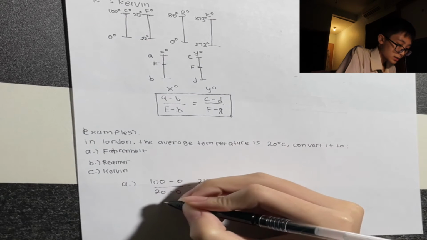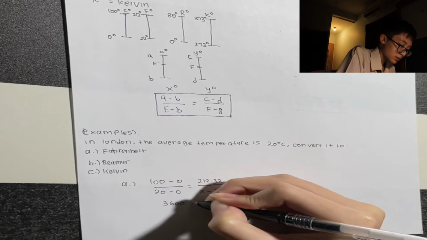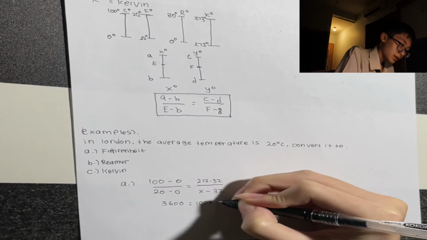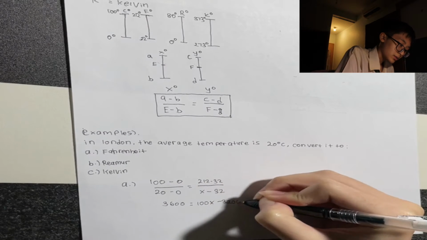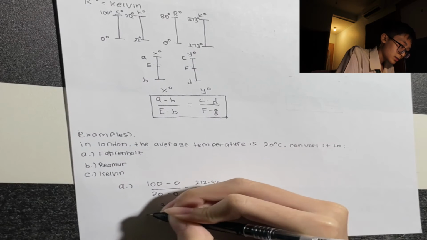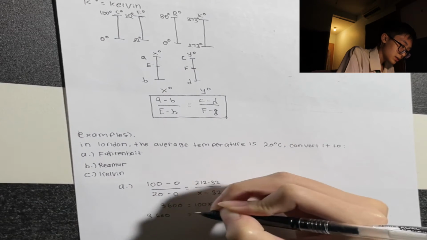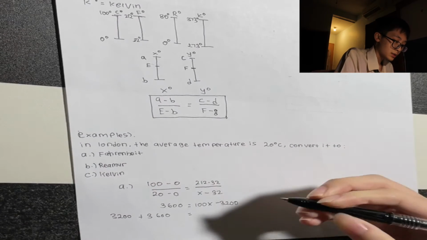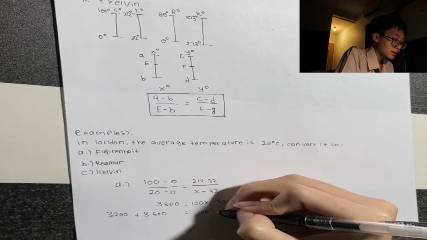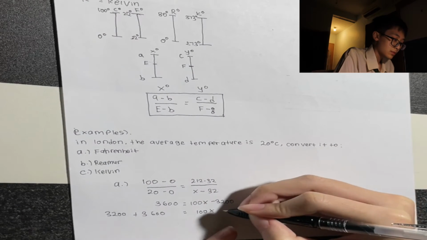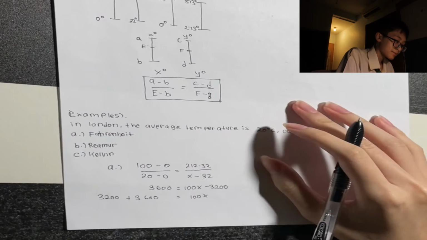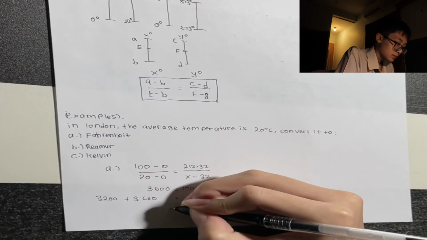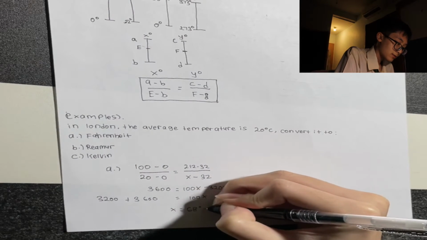So this will be 3600 equal to 100x minus 3200. So 3600 plus 3200 is 100x. So the answer would be 68 degrees Fahrenheit.